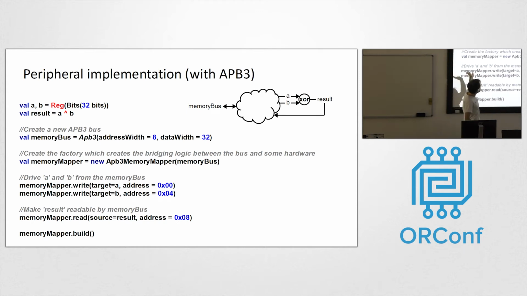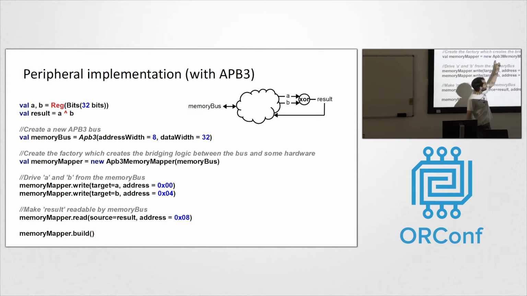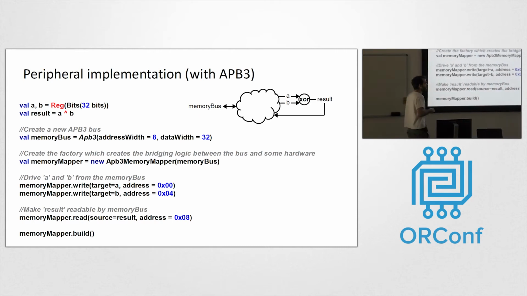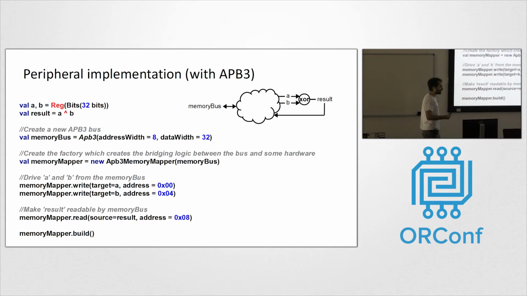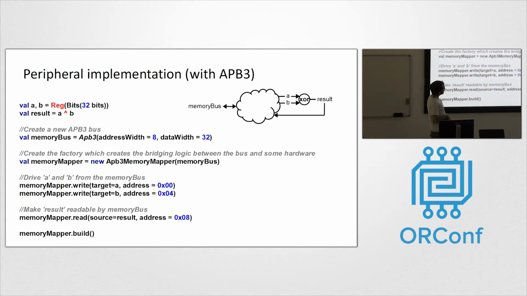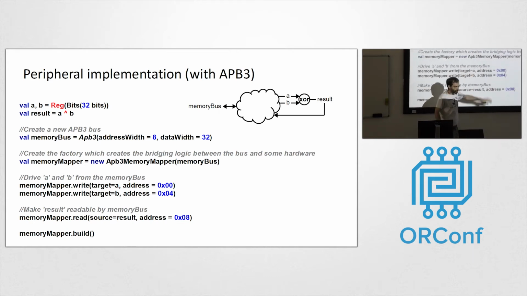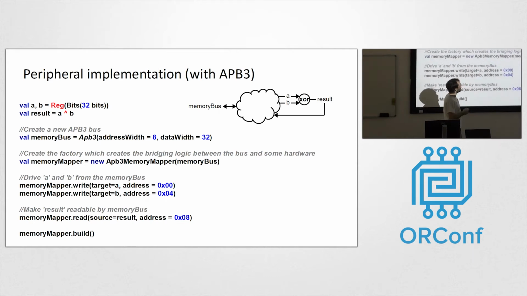OK, so let's define the IPv3 MemoryMapper tool, which is a tool implemented on top of SpinalHDL, a bit like the diplomacy we saw before, but not for the same purpose. The goal of this tool is to do the memory mapping between a memory bus and some signals of your design.